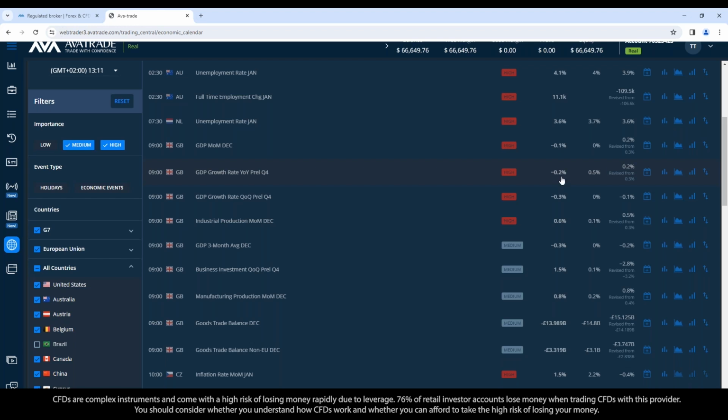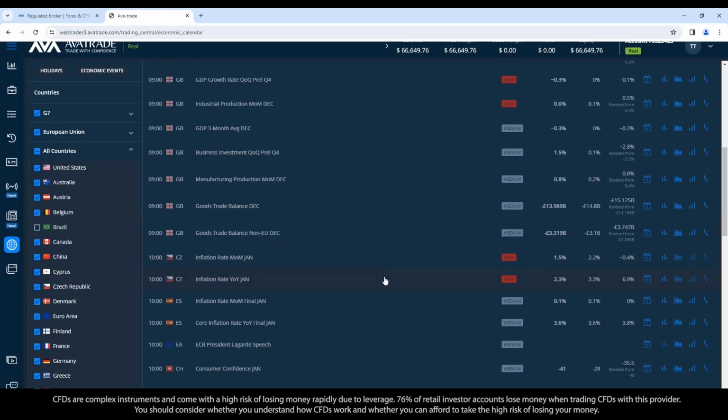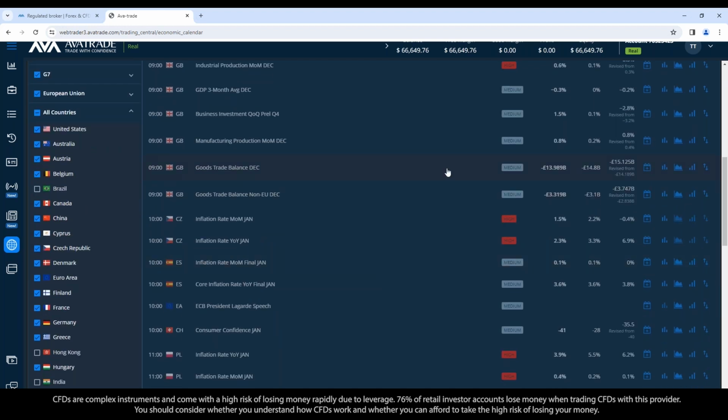In Great Britain, the numbers came in worse than expected on GDP growth rate quarter over quarter, on GDP growth rate year over year, etc. Really weak numbers, GDP shrinking. And so you would expect that's a sign of less demand.